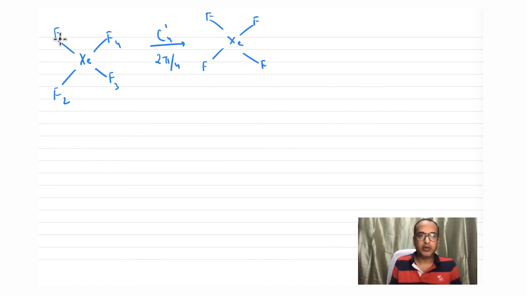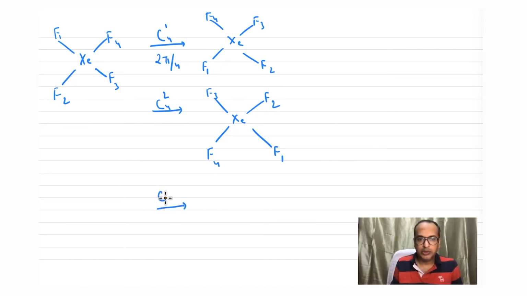So 90 degrees anti-clockwise, 1 will come over here, 2, 3, 4, right? Now let's do C4 2. So C4 twice will be 90 degrees plus 90 degrees, so that will be a 180 degree rotation. So now 1 will go to its diagonally opposite position, 2 will go there, 3, 4.